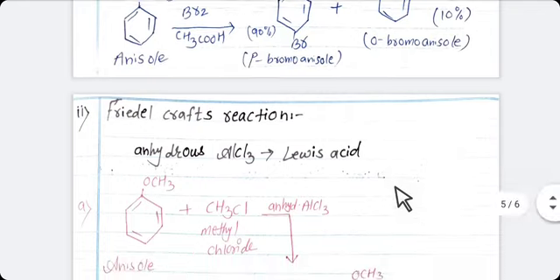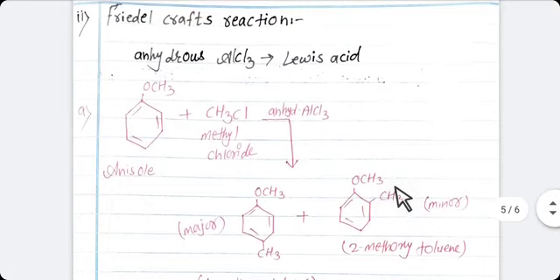First, we are going to study alkylation. Means anisole or aromatic ether reacts with an alkyl halide. The alkyl halide which we are using here is nothing but methyl chloride in presence of catalyst, anhydrous AlCl3. Two compounds are possible.